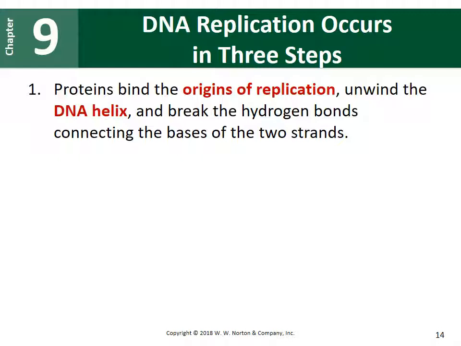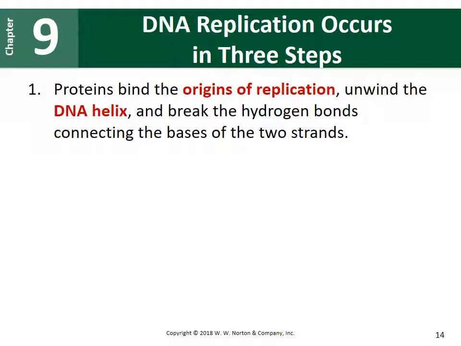So what happens during this DNA replication? We have three steps that occur. The first thing that happens is that proteins bind to an origin of replication. This is where the DNA replication is going to start. These proteins unwind the two strands of the DNA in that double helix, so they break down those hydrogen bonds connecting those two strands together.